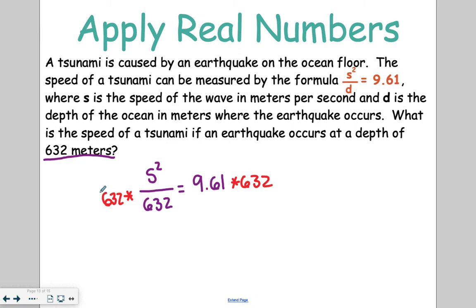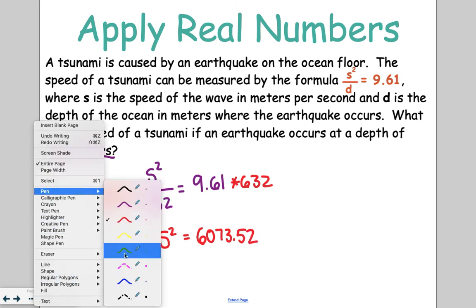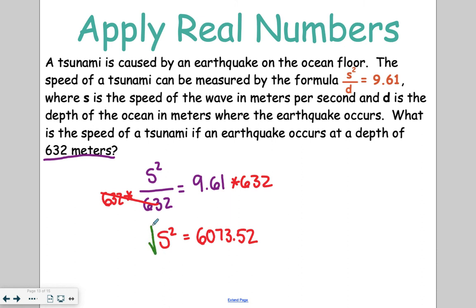And when I do that, that's going to give me that s squared is equal to 6,073.52.